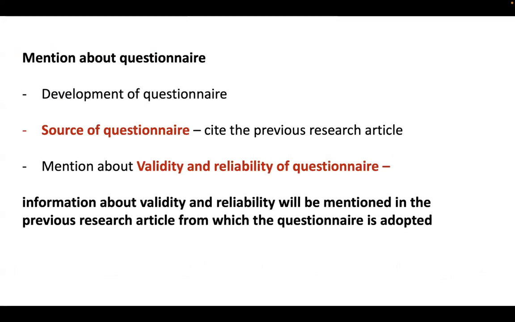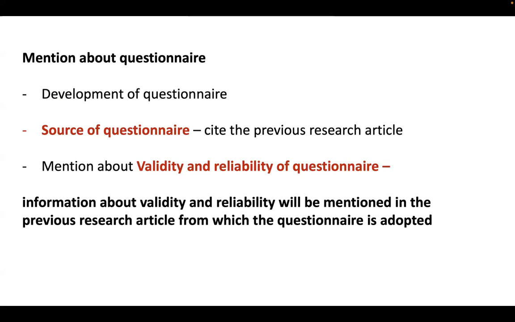So mention the source of the questionnaire. When you are using a questionnaire, I will tell you one example. One study I showed you yesterday, knowledge about cardiovascular disease risk factors, was done using a questionnaire, the heart disease fact questionnaire.